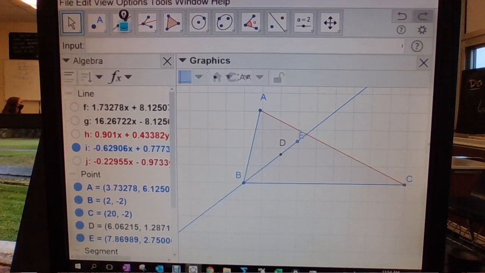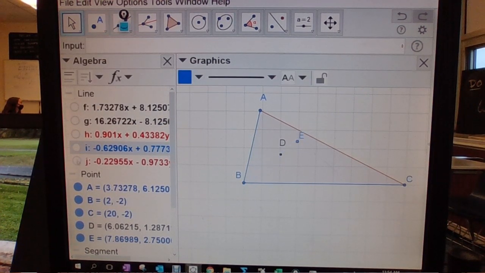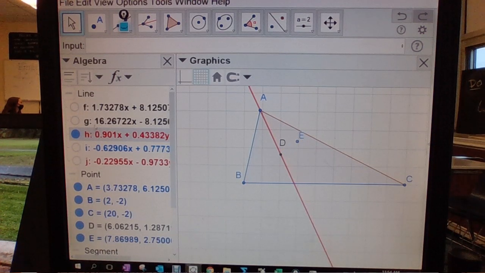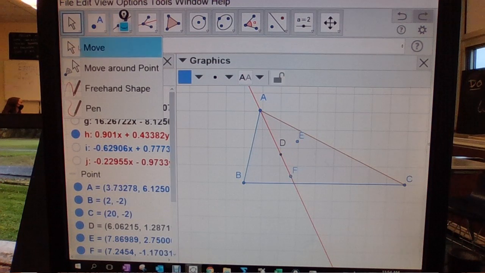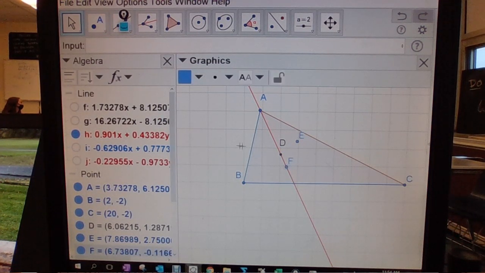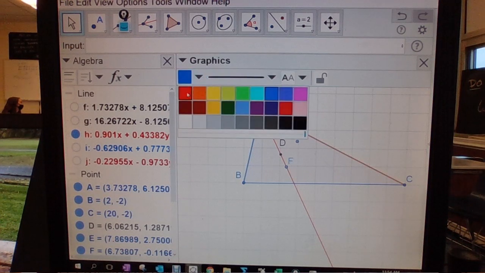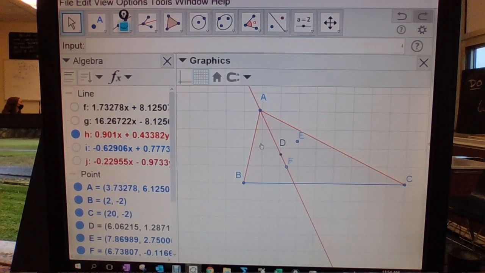Well, then the idea is, what if we look at that other angle bisector? Then any point that is on that angle bisector is going to be equidistant from those red sides. So F is going to be the same distance from AB as it is from AC.